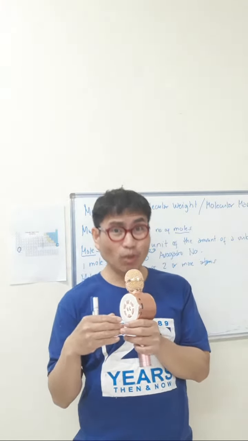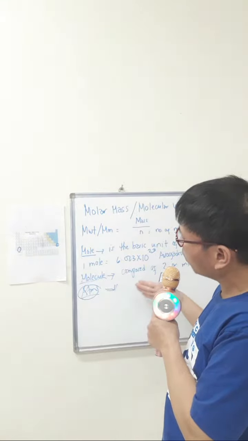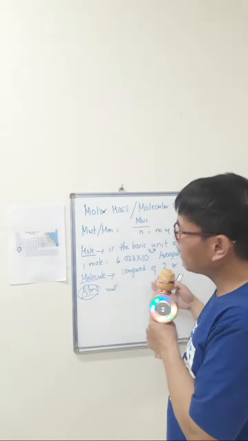These are the elementary particles: the neutrons, the protons, and the electrons. So we need to say an atom is composed of multiple particles, because an atom is the tiniest and smallest particle. You get the point?